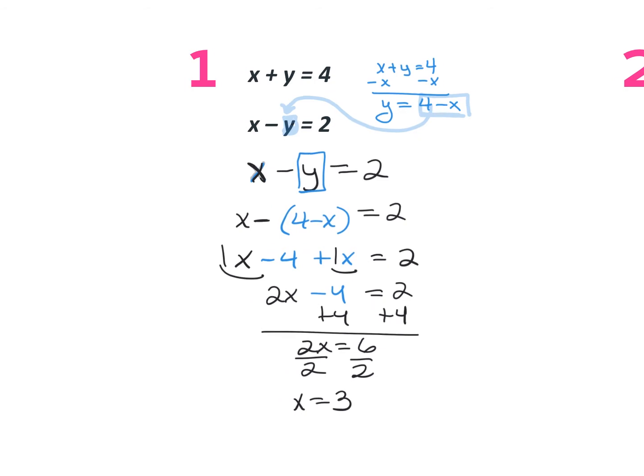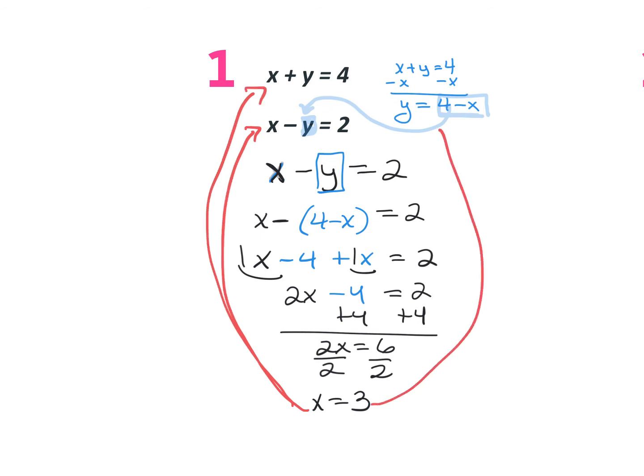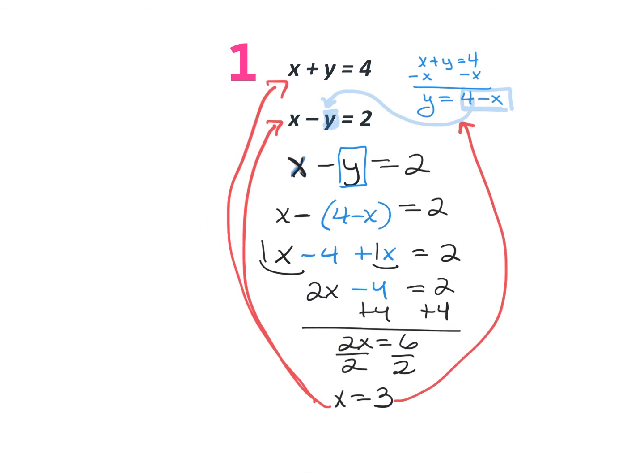Now what I need to do is take what I just found x equals, and plug it back in to one of the original equations. I could also, if I'm confident in my rearranging technique here, plug it in there. I'll go ahead and plug it into the first one. So x plus y equals 4.